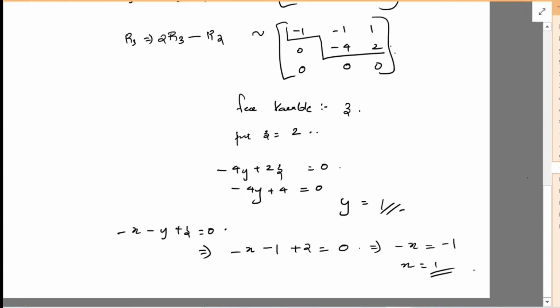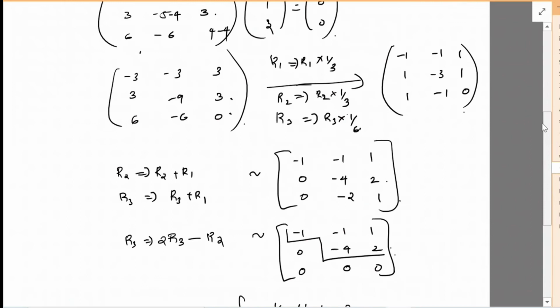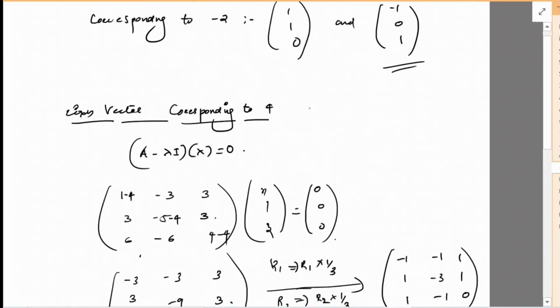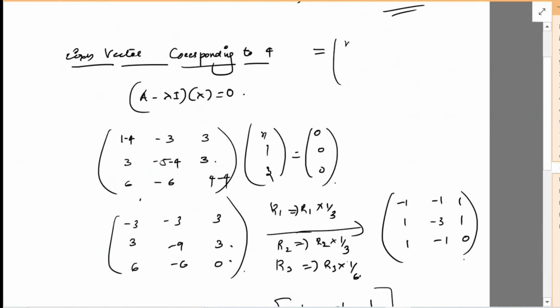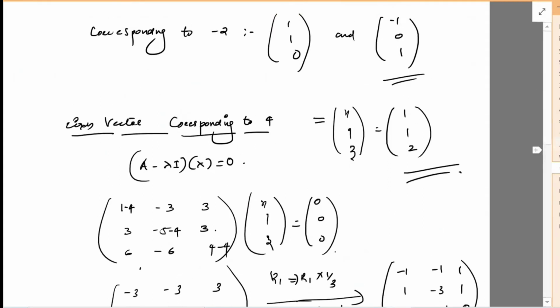So the eigenvector corresponding to lambda equal to 4 will be x, y, z, where x equal to 1, y equal to 1, and z equal to 2. That will be the eigenvector corresponding to 4. So in this example, there are two eigenvalues, minus 2 and 4.